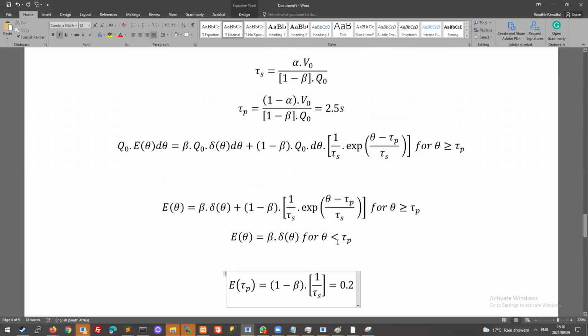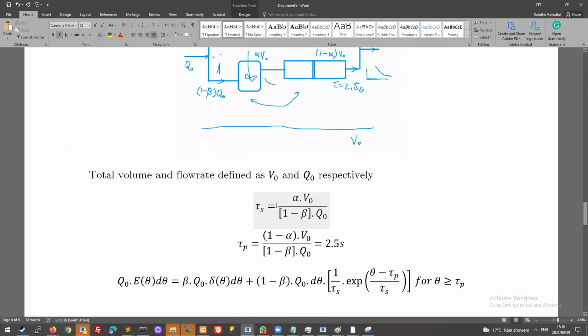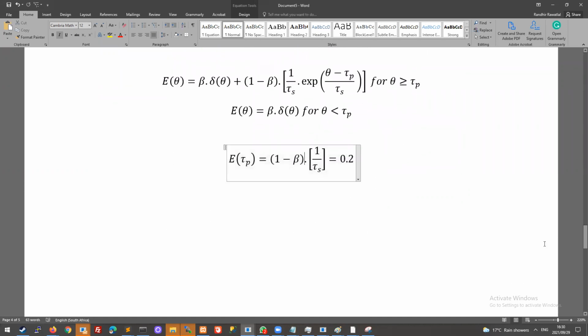There is a little more work to do. This tau s, we need to use this here. So we can write 1 over this. So we should put this in the numerator. And so this is actually 1 minus beta squared.